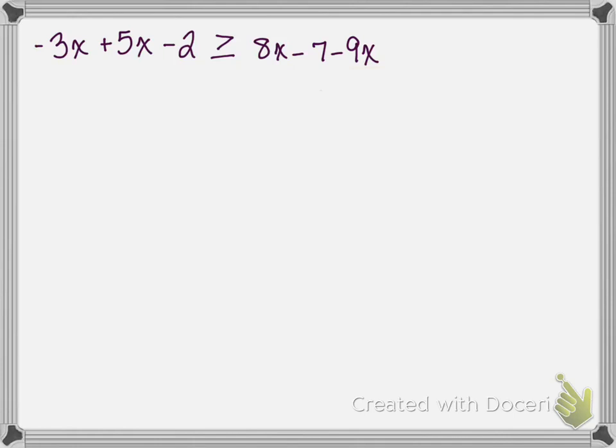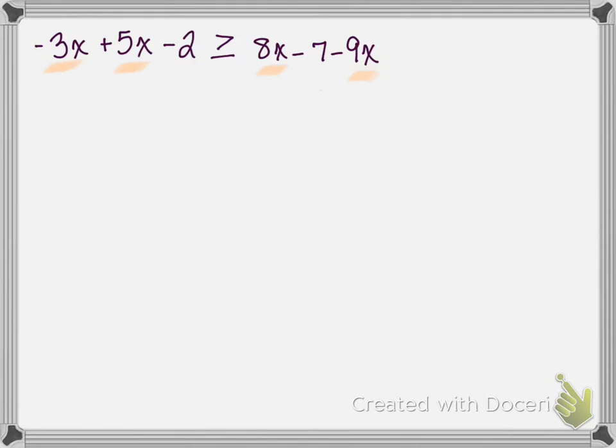Now, the first thing that I want to do here is combine like terms on each side. I'm not going to start moving x's and I'm not going to start moving numbers until I have combined like terms that are on the same side of the inequality.